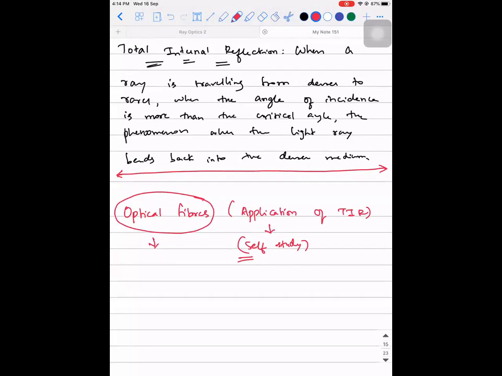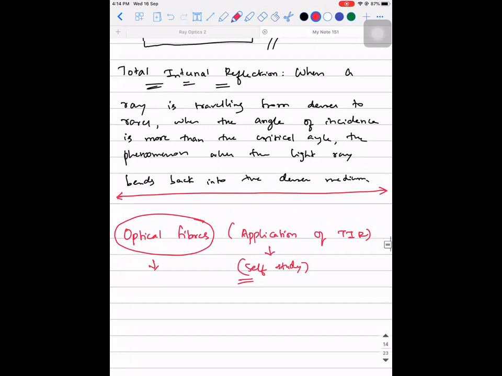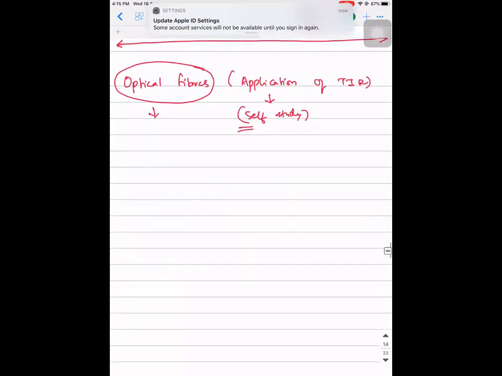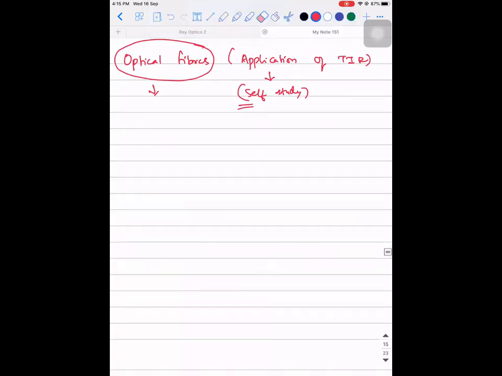When the light rays are traveling from denser to rarer, total internal reflection will take place, as a result of which the data will be transferred from one place to another. This is actually a very simple and small concept. You can read it from the textbook. If you have any doubt, you can let me know. I'll mainly concentrate on the derivations part. So whatever applications of TIR are given in your textbook, you go through it.